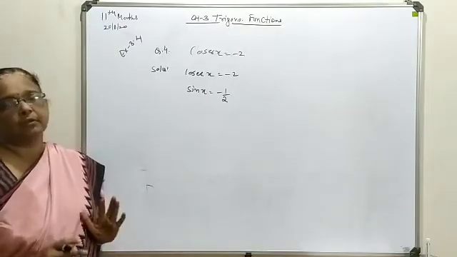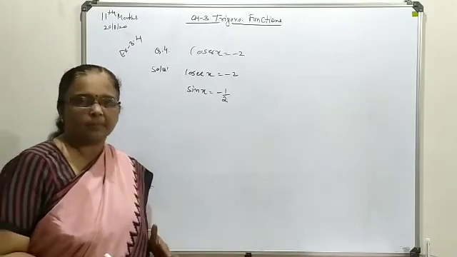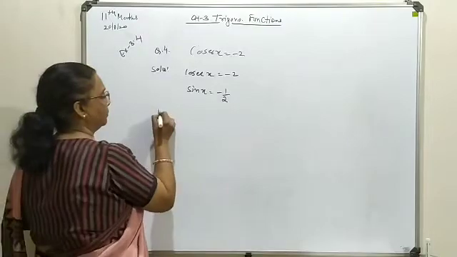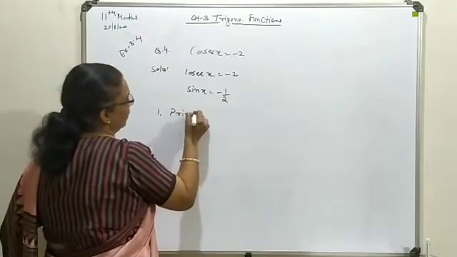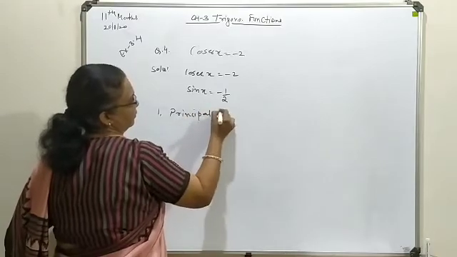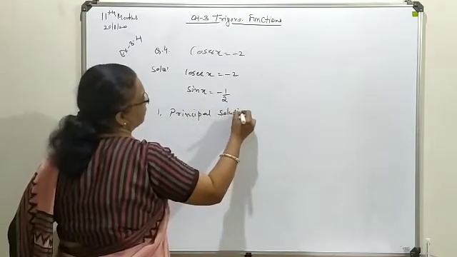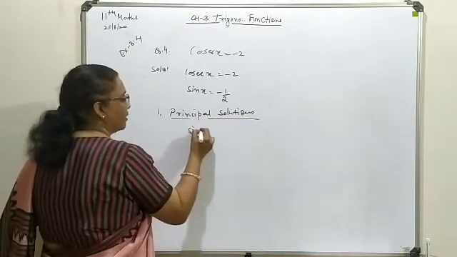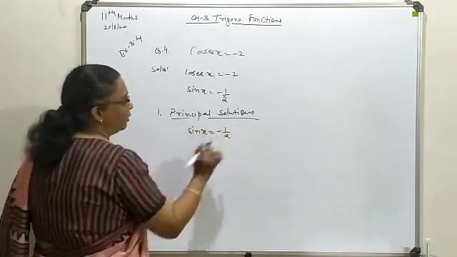So here first of all we are talking about the principal solution regarding the given term. So first we will write principal solutions. So here sin x is available with minus half.